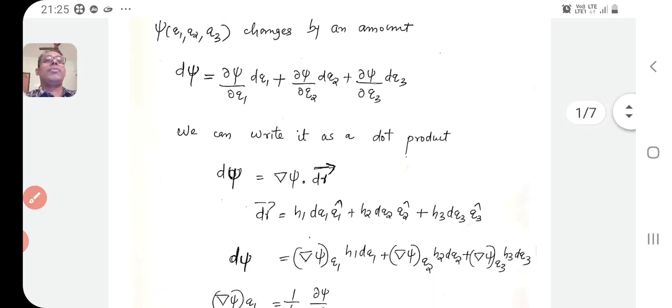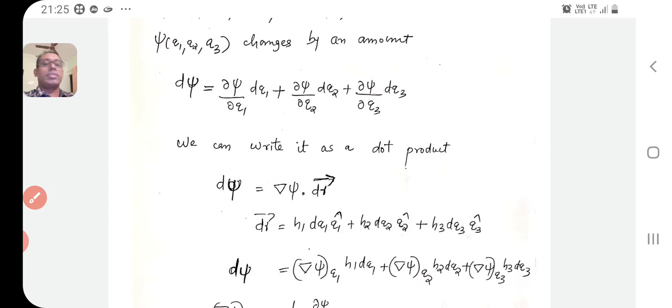Okay, now we can write it as a dot product. The same thing can be written as a dot product.